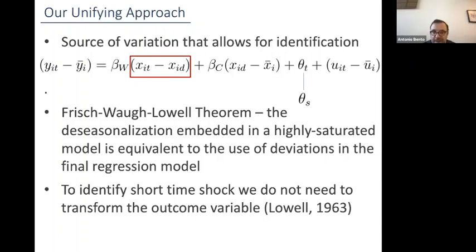Now, as I said, we don't need to do the long differences approach. And in fact, we would end up keeping a lot more information in our data, because by the properties of the theorem, we could actually identify the short time shock without having to transform the outcome variable.